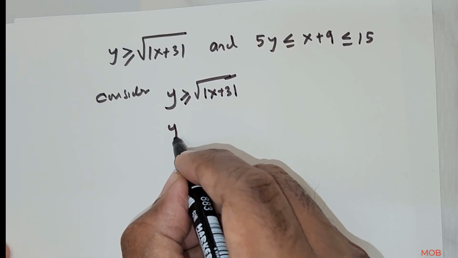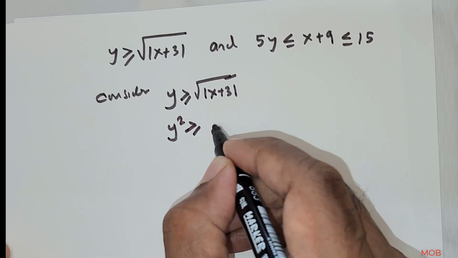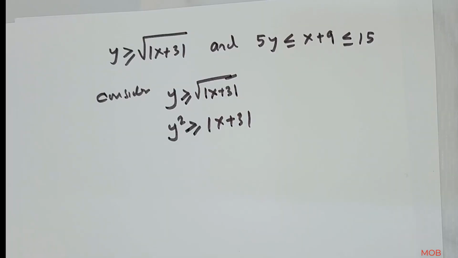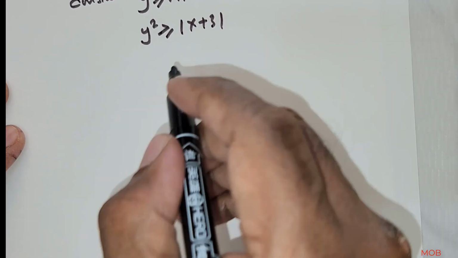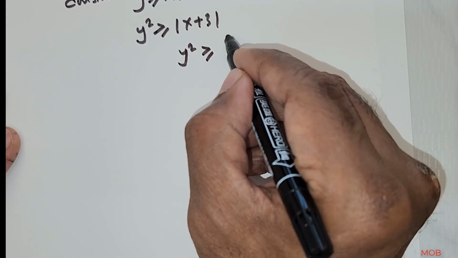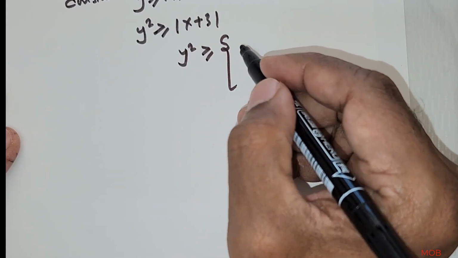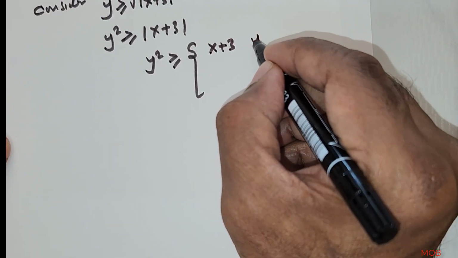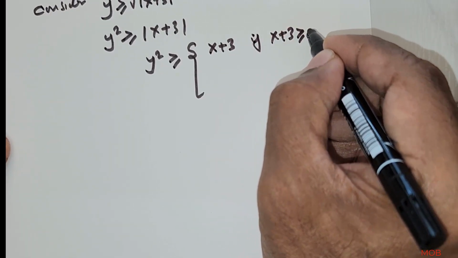Now, if I were to square this, I get y squared greater than or equal to, the square root goes off, |x + 3|. Now, y squared will actually take x + 3 if x + 3 is greater than or equal to 0.